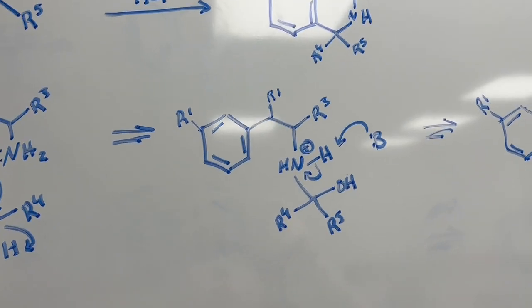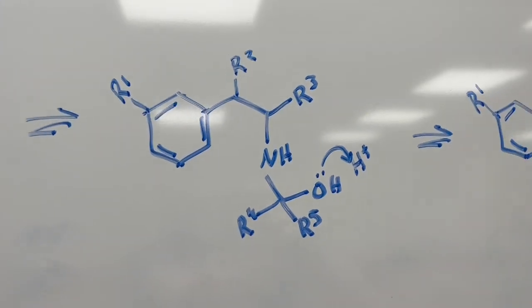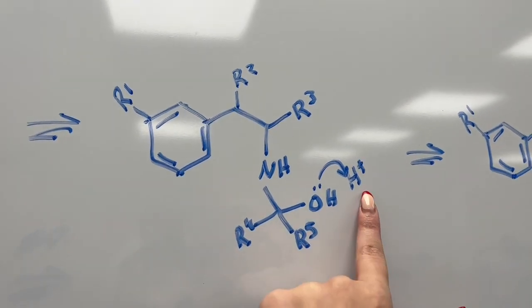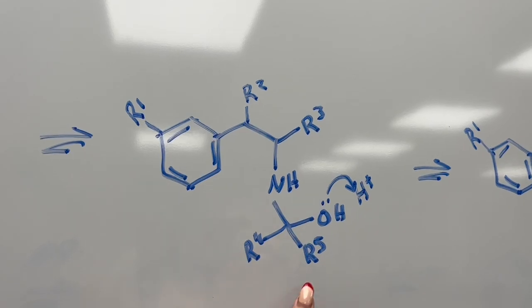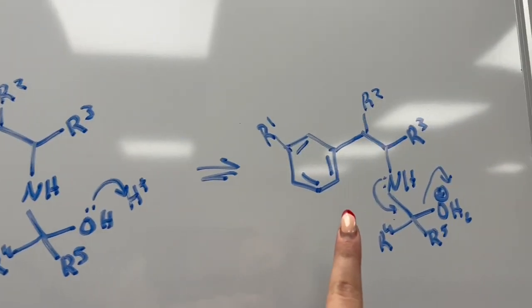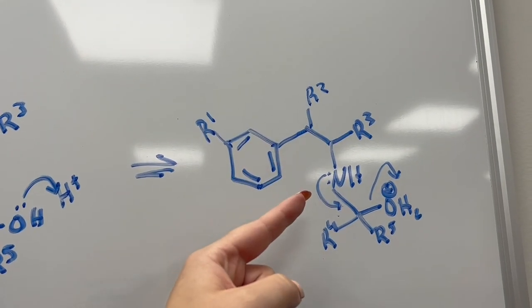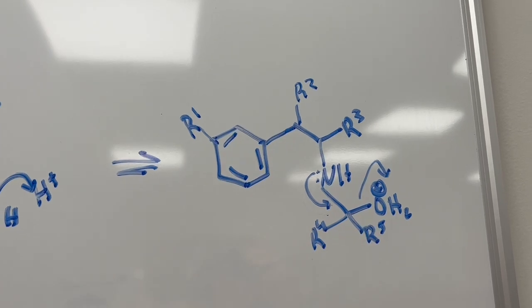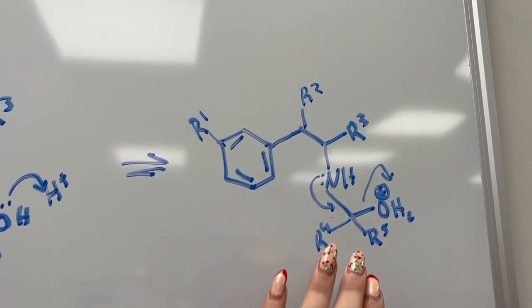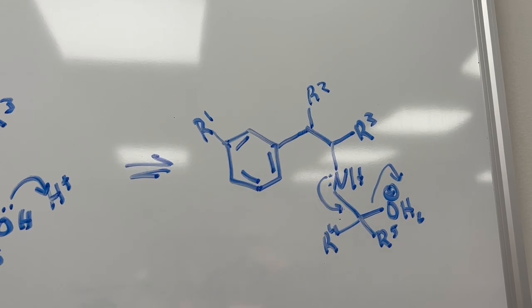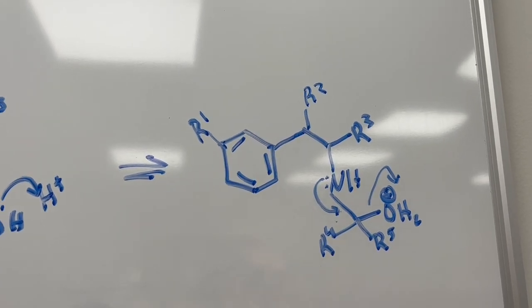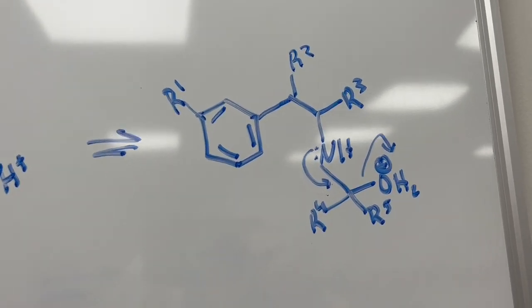A simple deprotonation step. Right here, we are going to reprotonate our O that's now attached in our whole complex, so that we can again use the electrons on the nitrogen to kick it off, because we don't want it. So our nitrogen pushes and kicks off our H2O. Now we have water floating in our system.